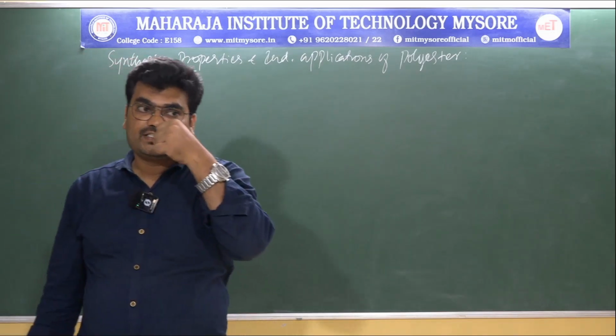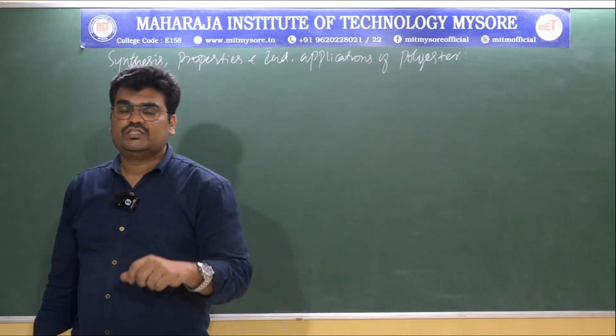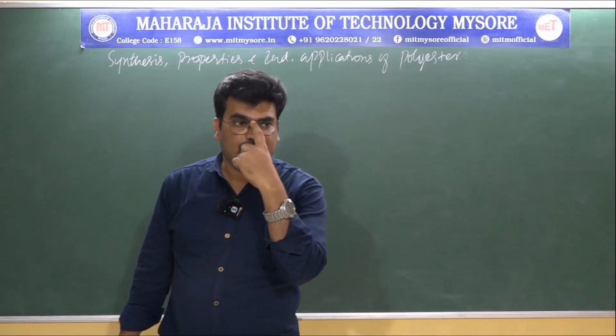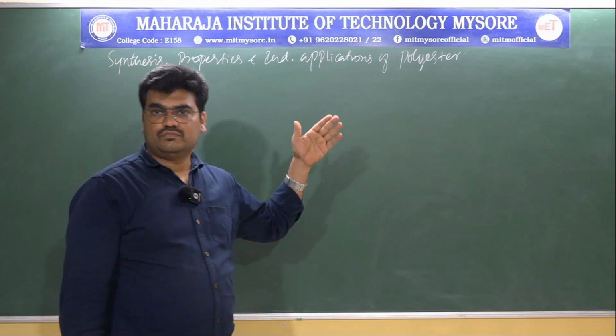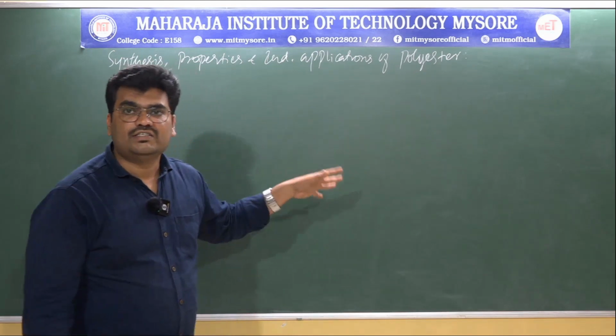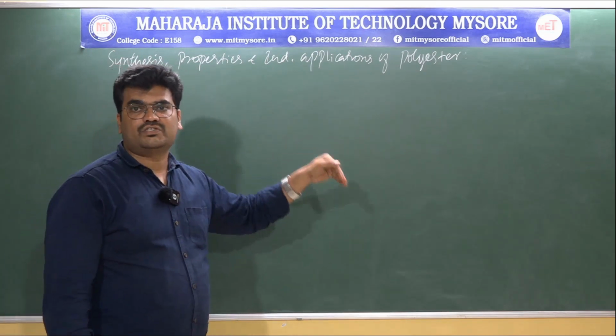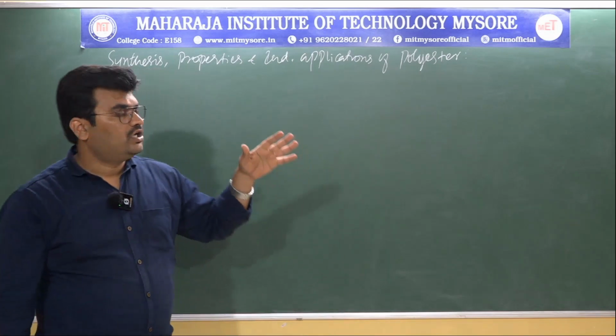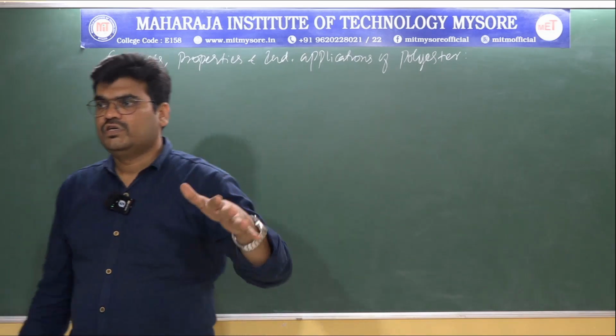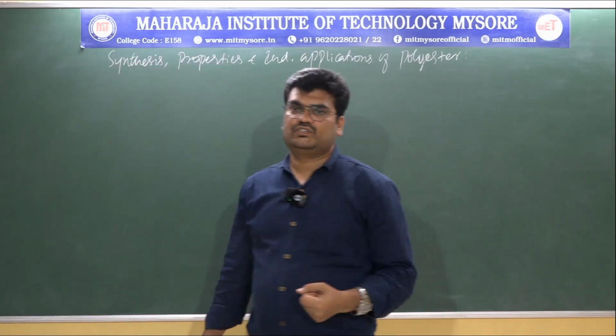It is a manufactured fiber in which the fiber forming substance is any long chain synthetic polymer consisting of at least 85% by weight of a dihydric alcohol and terephthalic acid.